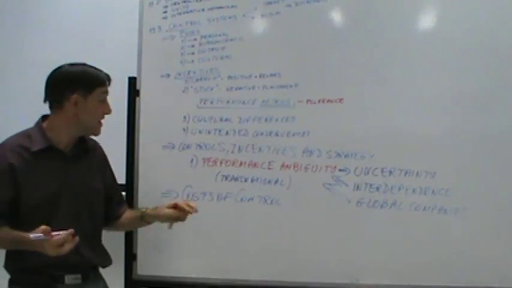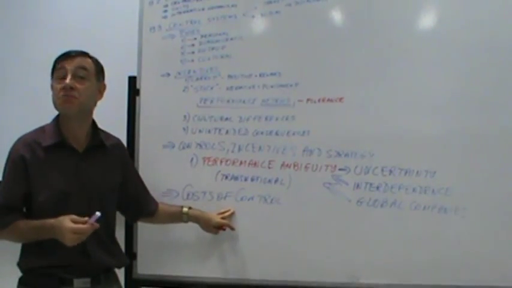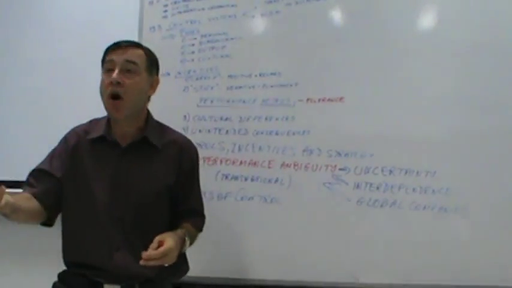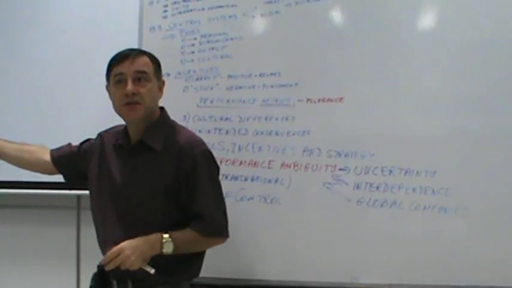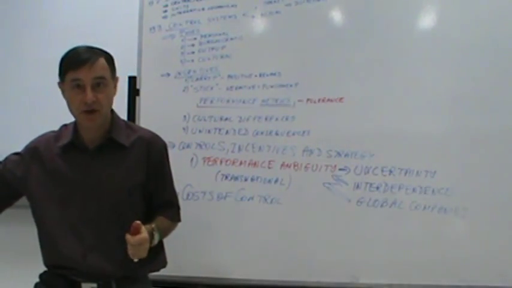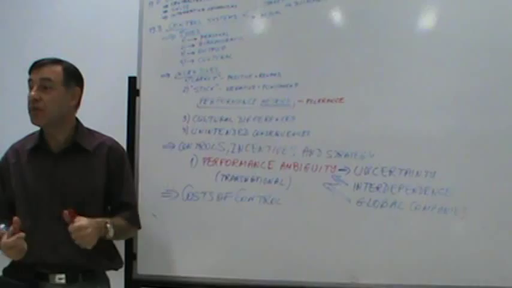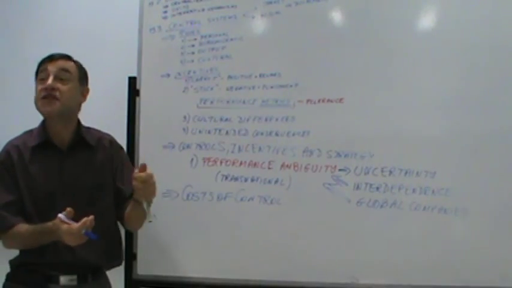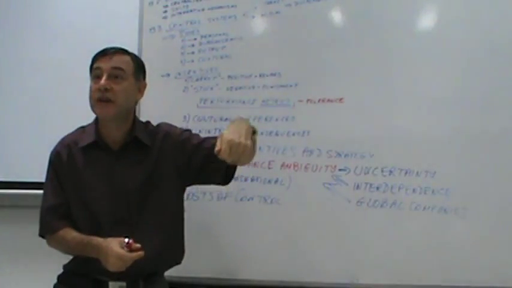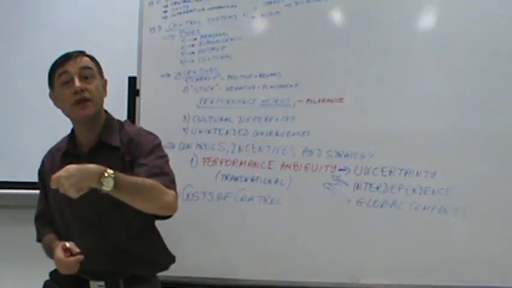To have a control system costs money. Control involves some sort of monitoring. You've got to be looking at these people. So someone's got to be watching them. If people aren't coming right on time, someone's got to be checking. They've got to swipe their card when they come in, and swipe their card when they go out.